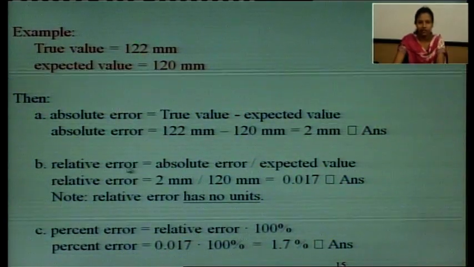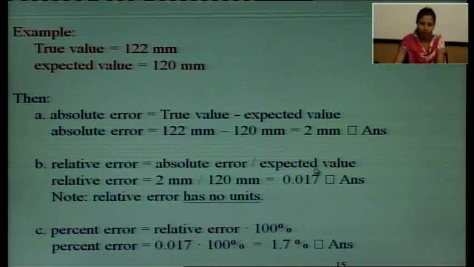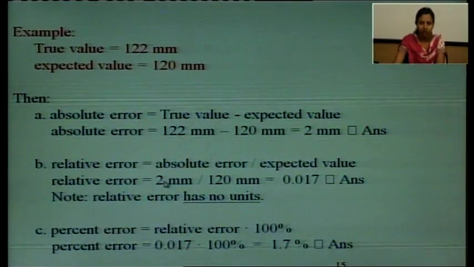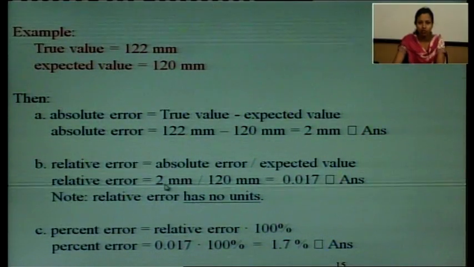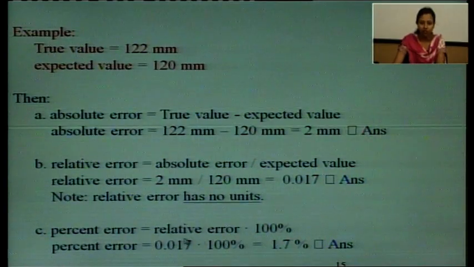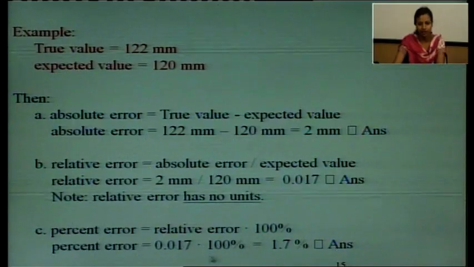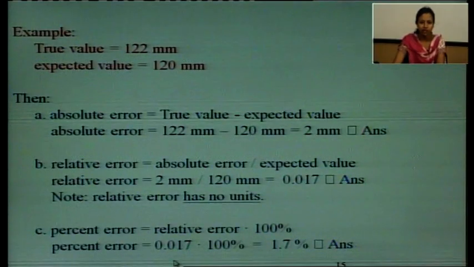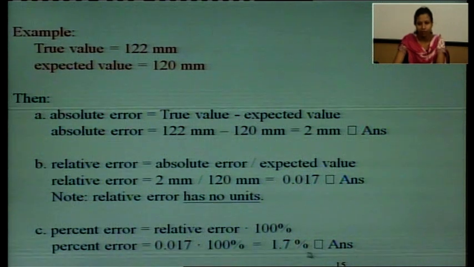while the relative error is a ratio of absolute value to the expected value. So absolute value is 2, expected value is 120. So it gives 0.017. And percentage error is multiplication of relative error by 100. So relative error is 0.017 into 100, it gives 1.7%.